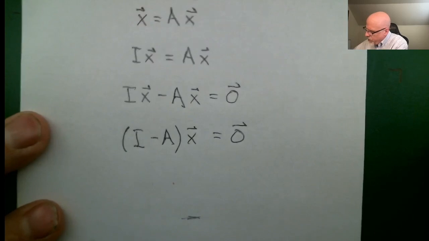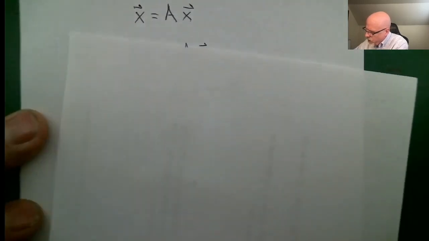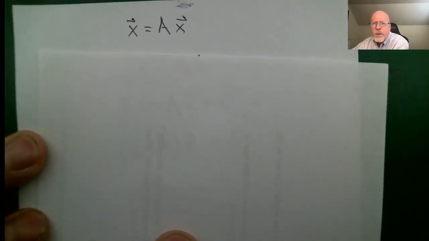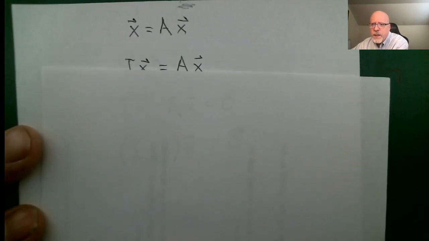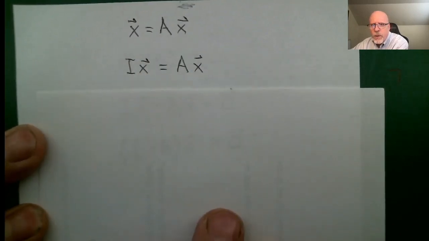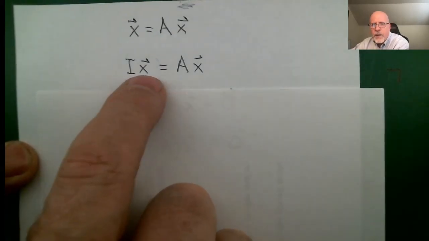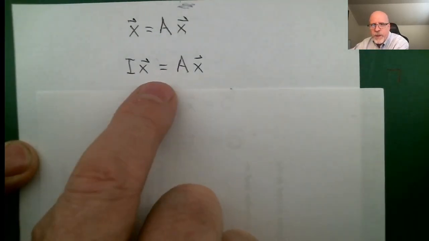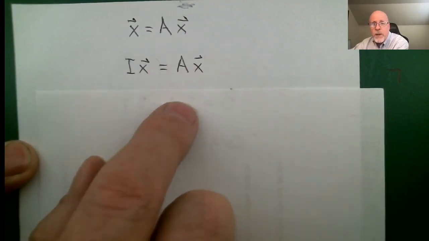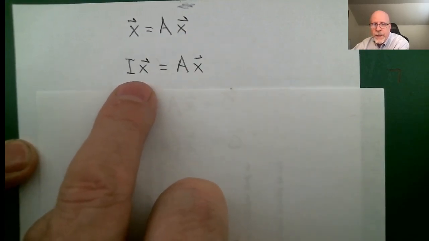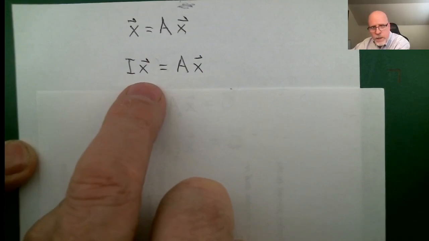Let me take that one slide farther. I'll reveal this a little bit at a time. We start with x equals Ax, and I've made only one very subtle change here. I've put an I in front of x on the left side where it wasn't there before. I haven't made any change to the right-hand side. Now, what is that thing? It's a matrix designed so that it has no effect at all when you multiply it times a vector.